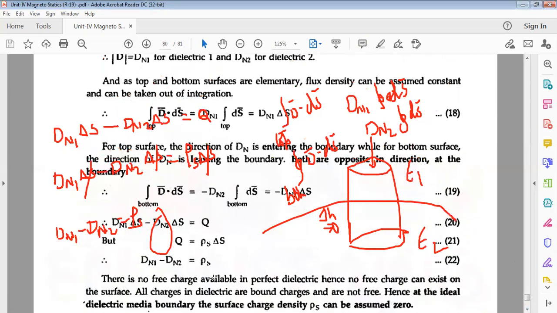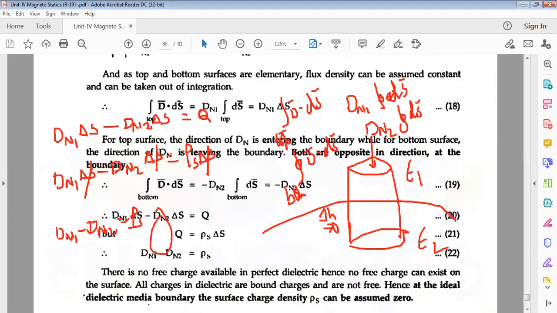There is no free charge available in a perfect dielectric. Hence, no free charge can exist on the surface. All the charges in the dielectric are bound charges and are not free. Hence, at the ideal dielectric media boundary, the surface charge density rho s can be assumed to be 0. Why is it 0? Because there is no existence of charges, since both are dielectrics.